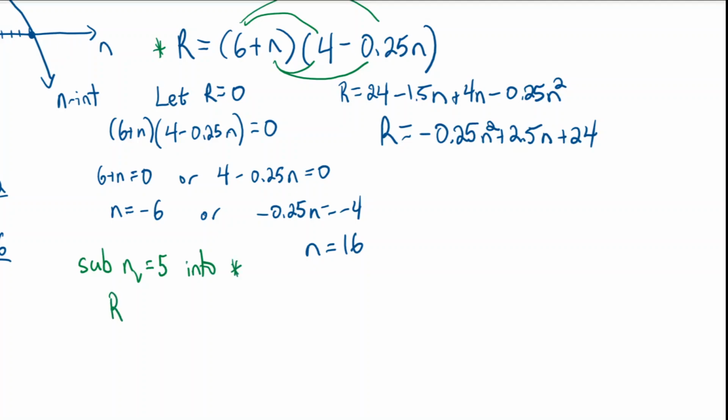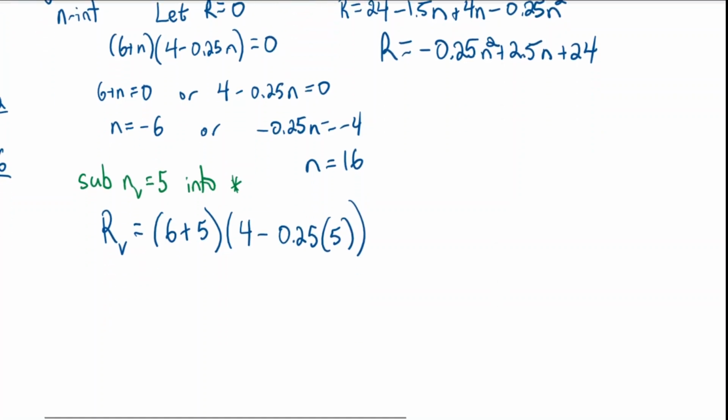So that results in a revenue of (6 plus 5) times (4 minus 0.25 times 5). All right, so 6 plus 5 is 11. And then 4 minus 0.25 times 5 is 11 over 4, or we can say 2.75.